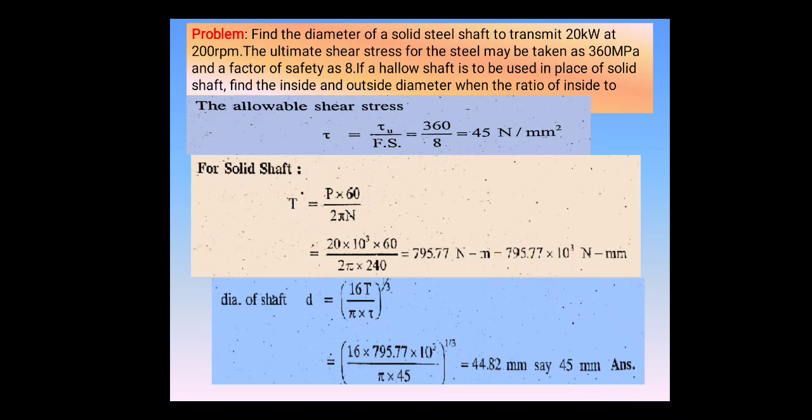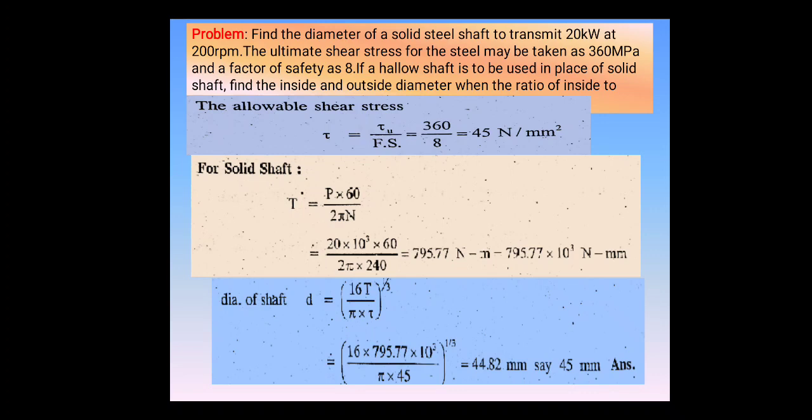If a hollow shaft is to be used in place of solid shaft, find the inside and outside diameter when the ratio of inside to outside is given. It is given in the problem itself. Because of some problem I am not going to read that data, you have to refer to the questions only.